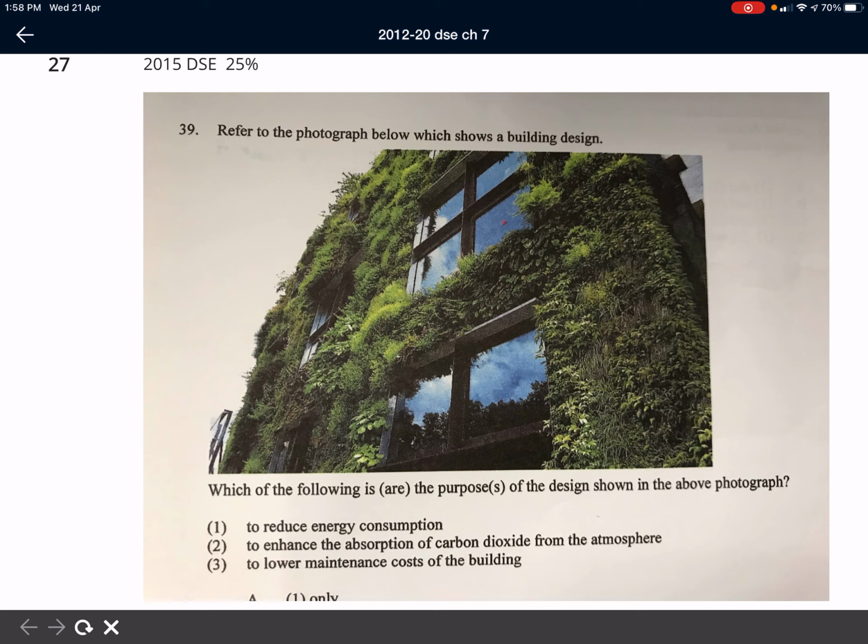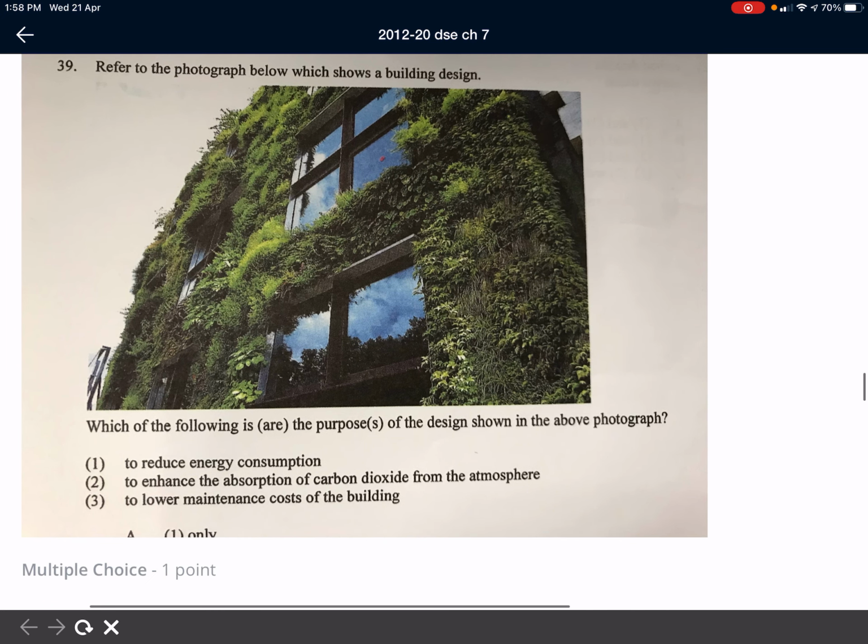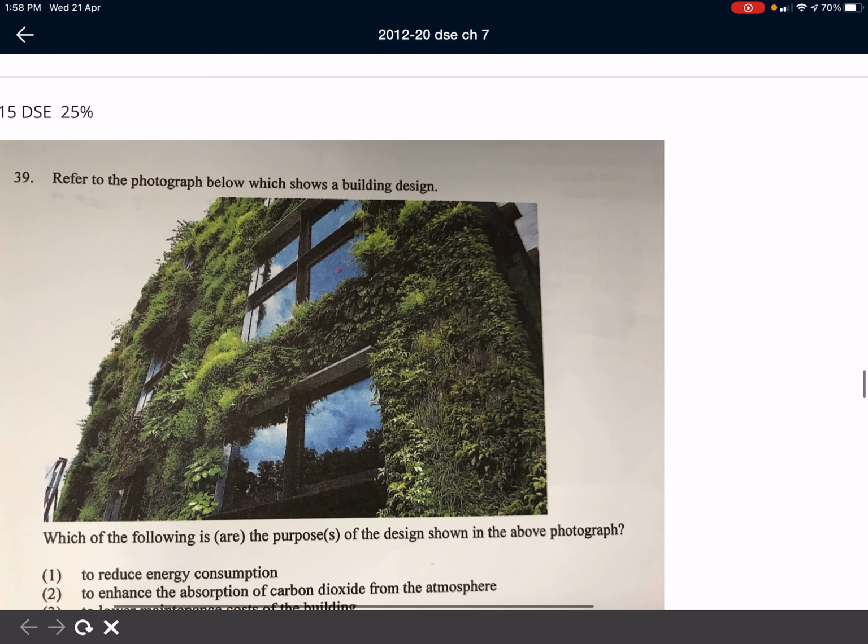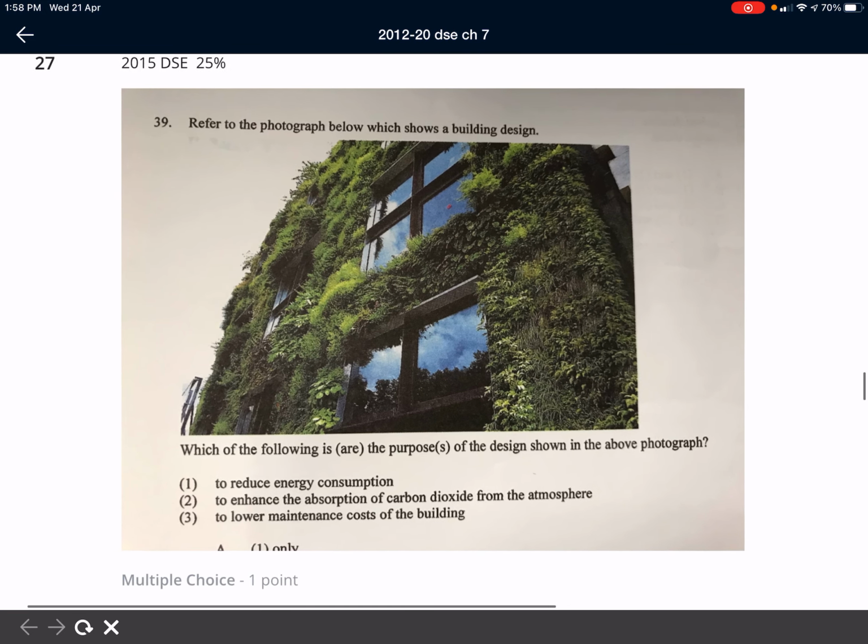To lower the maintenance cost of the building, it is not okay because it's not quite related to vertical greening. Let's see whether I have made it right or wrong. Number 2 is also false, sorry, I mixed it up.